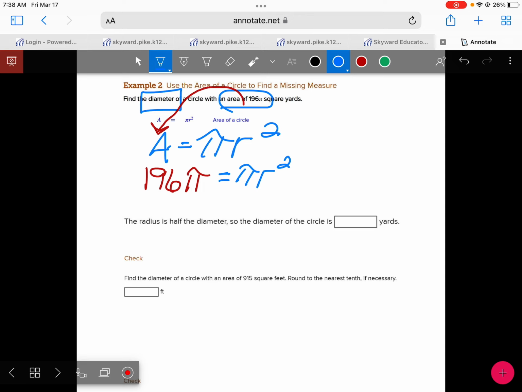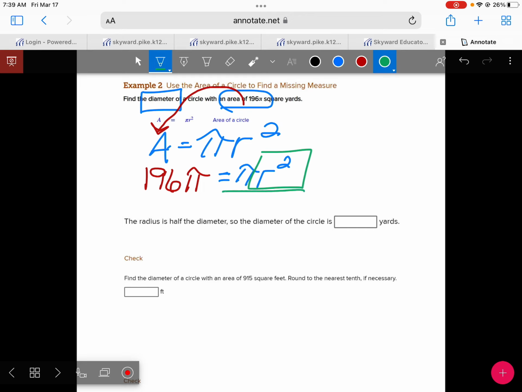All right, now we're looking for diameter. I don't even have a diameter here in my problem, do I? But which of those variables or things is related to diameter very closely? The radius, right? So we're going to isolate the radius. Keep the radius by itself.